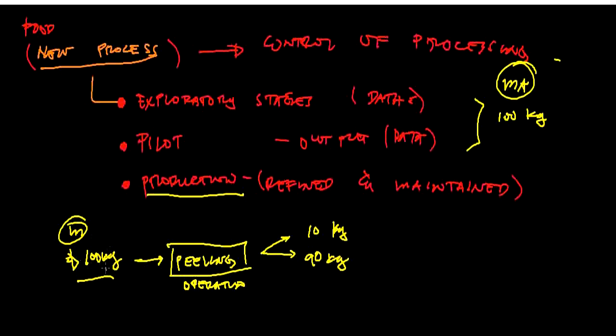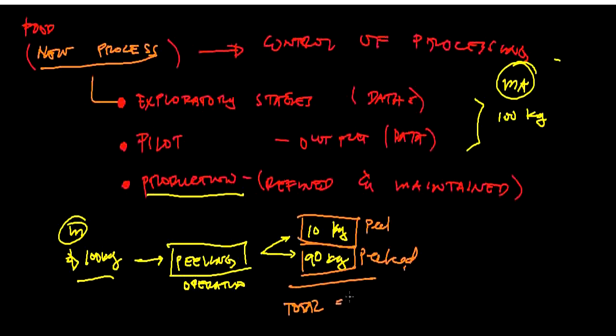So the initial 100 kilograms of mango going into the peeling operation comes out as 90 kilograms of peeled mango and 10 kilograms of peel. This is the peel. So this is a total of 100 kilograms. So during these stages and the pilot test run, we get this data.